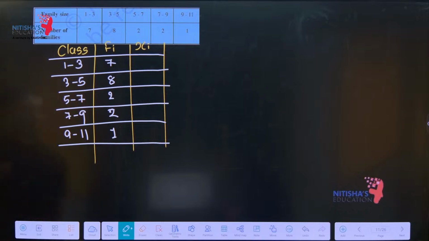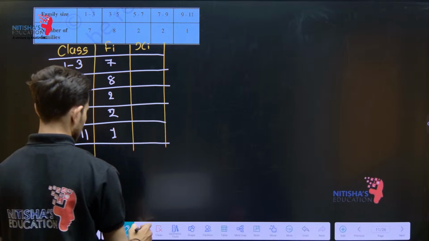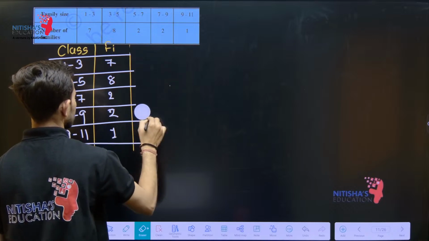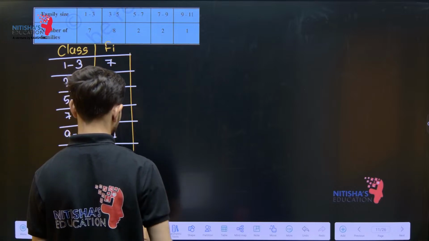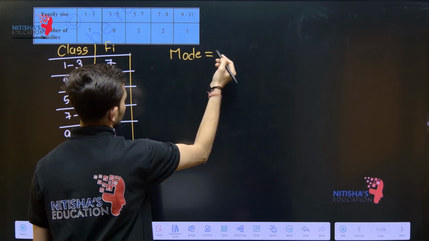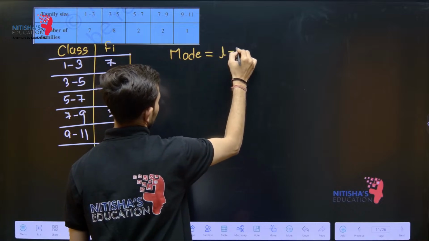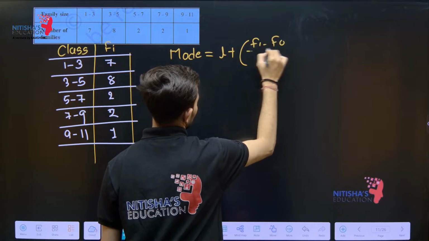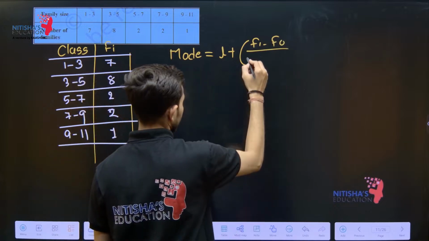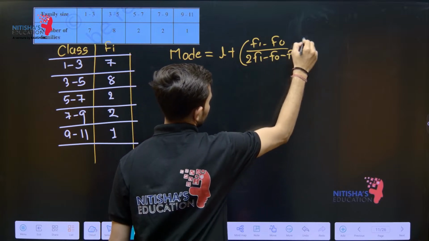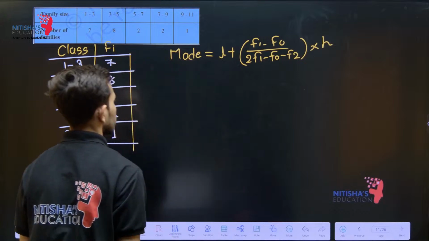Now what is xi? Is there any need to find xi? No, because we need to find the mode, and mode is directly found by the equation mode is equal to L plus F1 minus F0 divided by 2F1 minus F0 minus F2 into H, right?